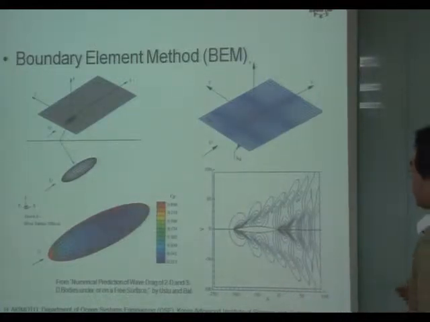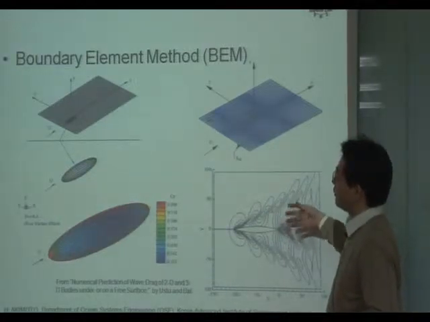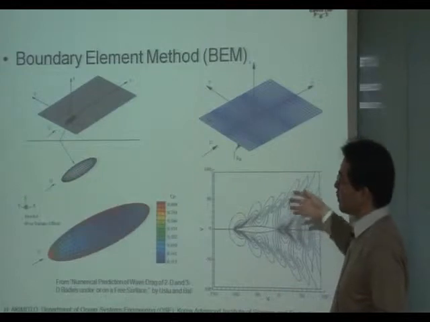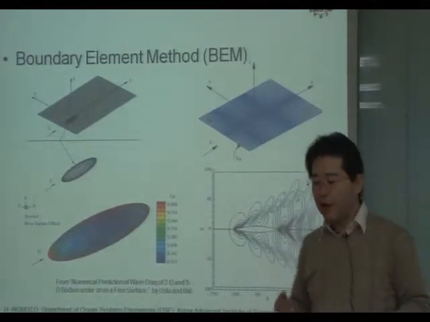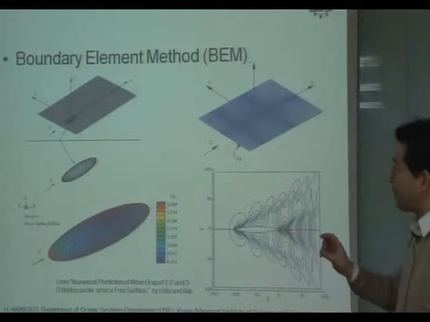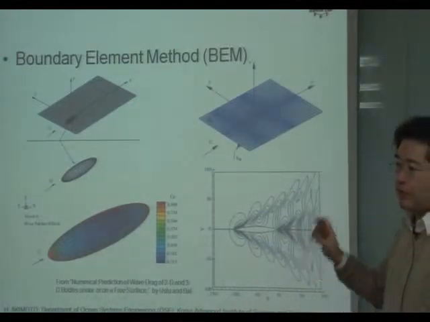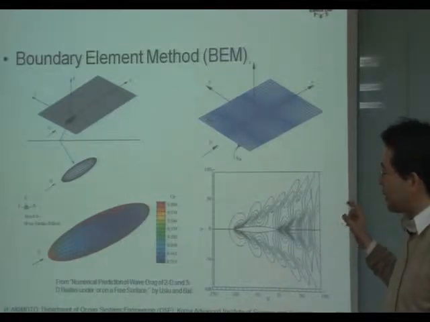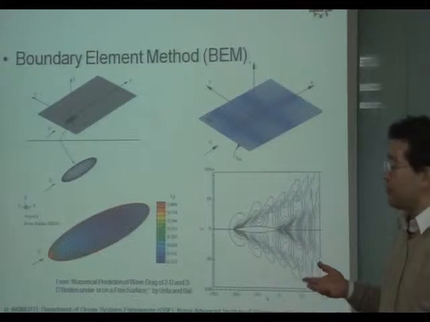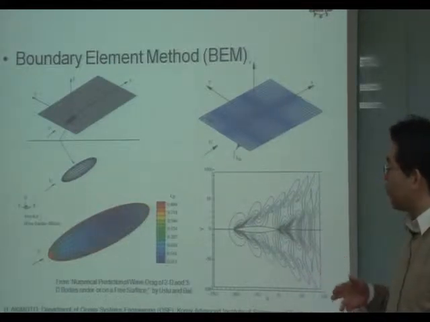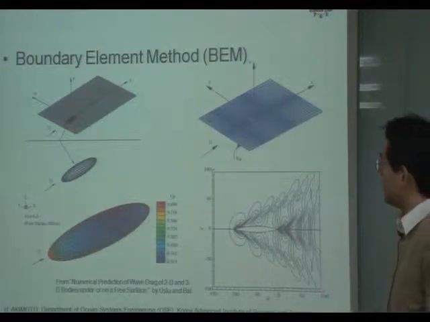Another difference is that boundary element method, or potential theory based method, assumes wave height is significantly small. It is based on the assumption that the wave is linear. It means wave height is infinitely small.